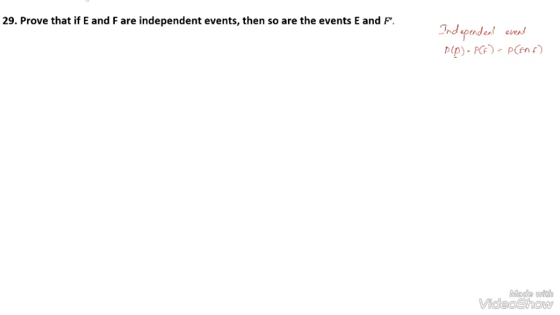Let us consider, since they have given that E and F are independent events, then by the definition of independent events, we know that probability of E intersection F is equal to probability of E into probability of F. This is the main definition of independent events. Now, I can write here probability of E.